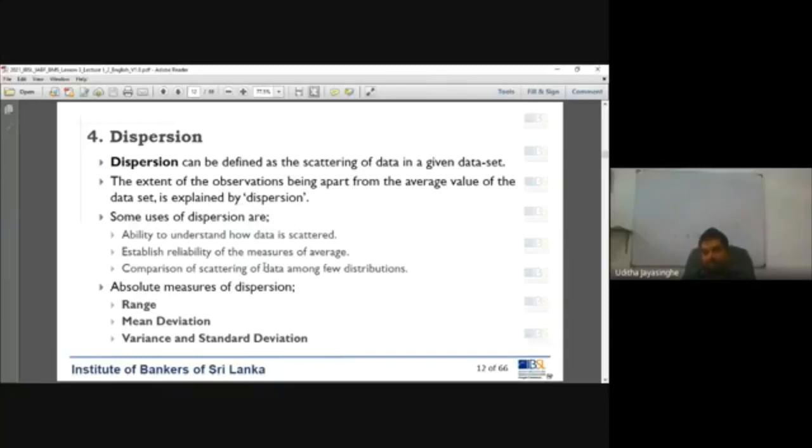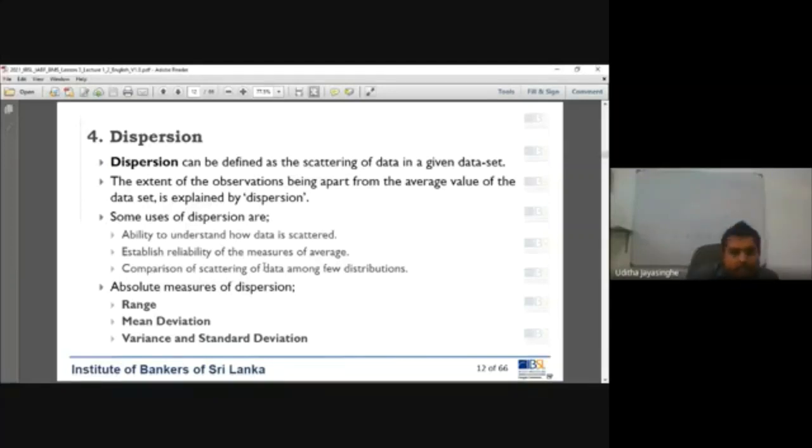You can compare a particular stock price with the all share price index and say whether this stock movement is going to be in line with the all share price index or not. Likewise, all these are dispersion indicators we are going to learn one by one. But the whole idea again is to get an understanding of how scattered this data set is from one another and what the next value for this data set will be.